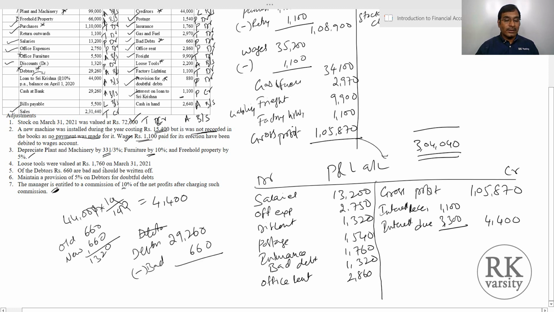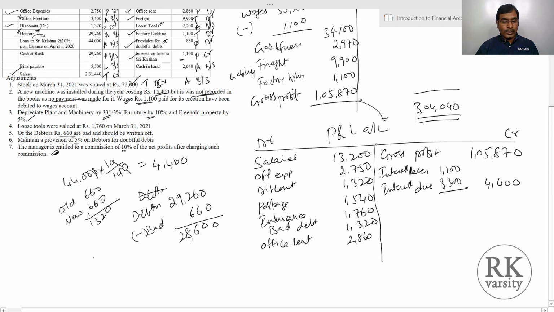In the adjustment it is shown that on the debtors, rupees 660 of bad debt should be written off. So this is 28,600, your net debtors, and on this you make a provision of 5%.